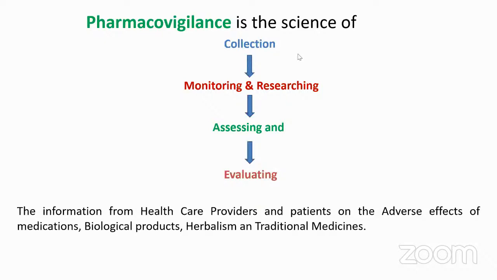After taking the drug, the patients may experience some adverse drug reactions. Adverse drug reactions are those which are not intentionally sought with the drug, which are unintentional. In further slides, I'll explain what an adverse effect is. So we'll initially collect the information on adverse effects of medications. It is not only limited to allopathy or biological products.